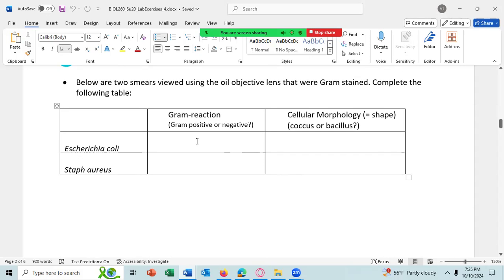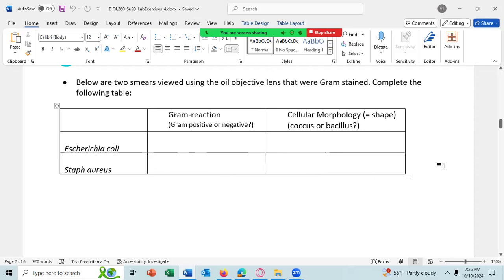So answer the questions in the table, complete the following table. The Gram reaction, gram-positive or gram-negative, of E. coli, listed here, and give the cellular shape, the morphology, coccus or bacillus, give it here. For Staphylococcus aureus, give me the gram-positive or gram-negative, and the cellular morphology, the shape, coccus or bacillus.